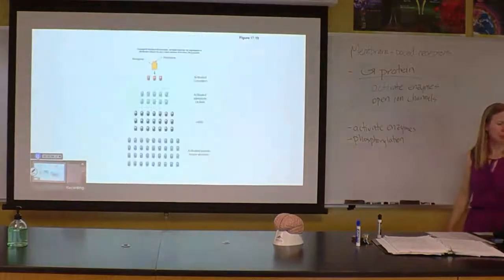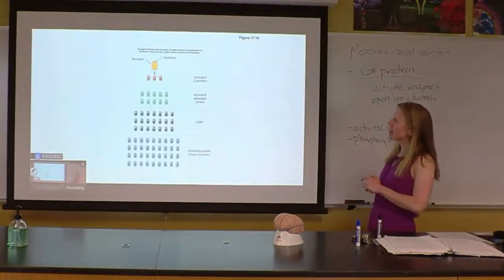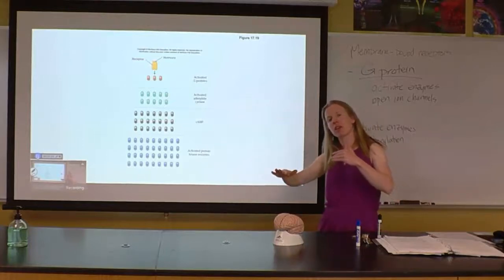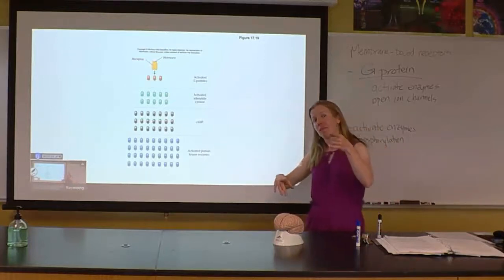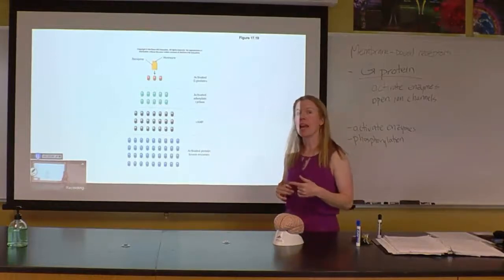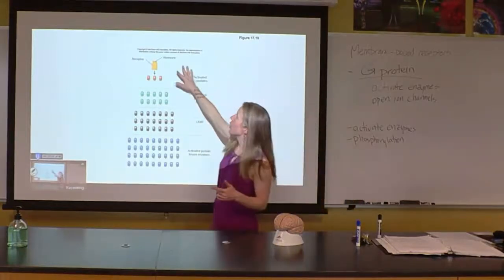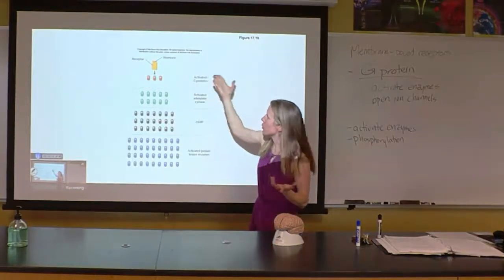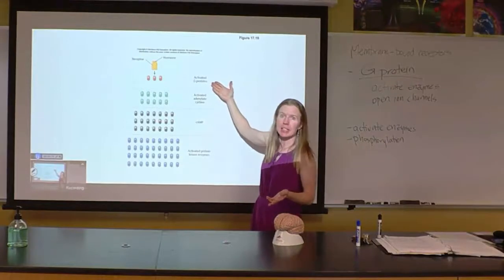Okay, very last thing. One of the things to realize is that through particularly the membrane-bound receptors, we get this process that's called amplification. So if a hormone binds to a receptor, they're showing 3 G proteins getting activated.